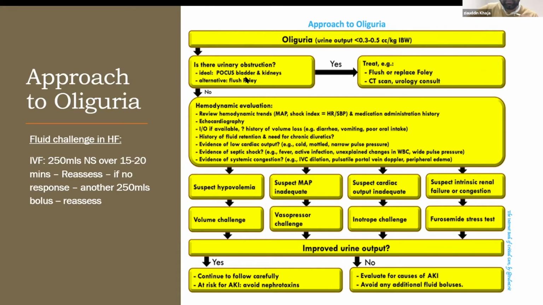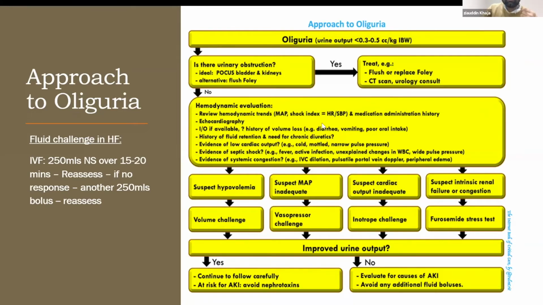If that's the case, you can try to put in a urinary catheter. Or if there is a urinary catheter already, you can either flush it or replace it. Replacing a Foley's catheter is better practice, I would say. And then consider CT scans or further investigations.